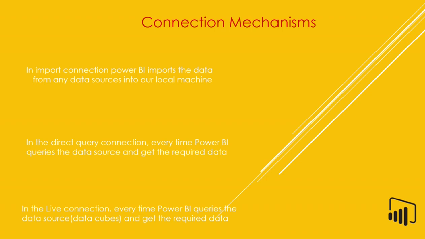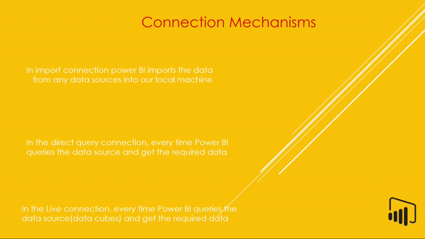In the live connection, every time Power BI queries the data source and gets the required data. The process of direct query connection and live connection is the same, but the only difference is when we are connecting to a live data source.